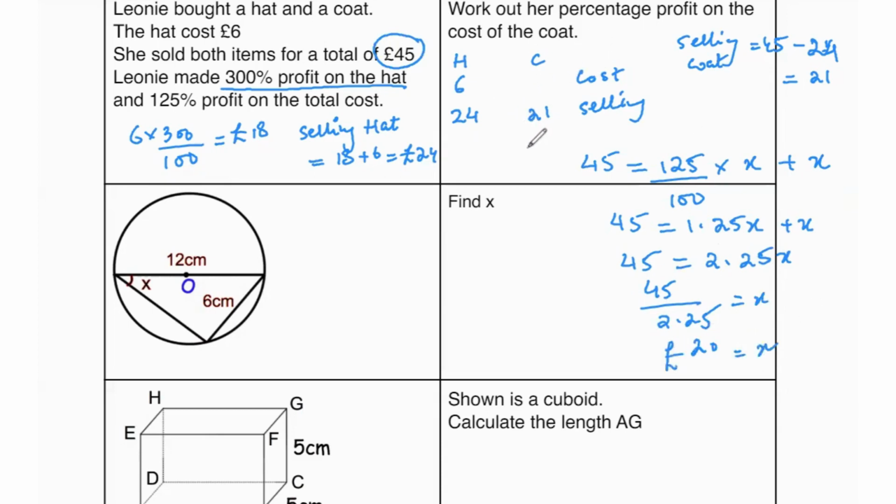So the cost of the coat is going to be 14 pounds. We have to figure out the percentage profit on the cost of the coat. So for that, we will just do (21 minus 14) divided by 14 times 100, and that's 50%. That is your percentage profit on the cost of the coat.